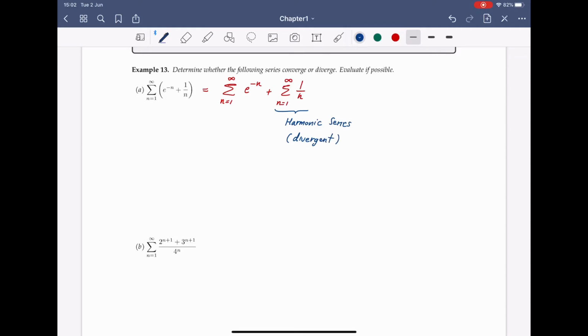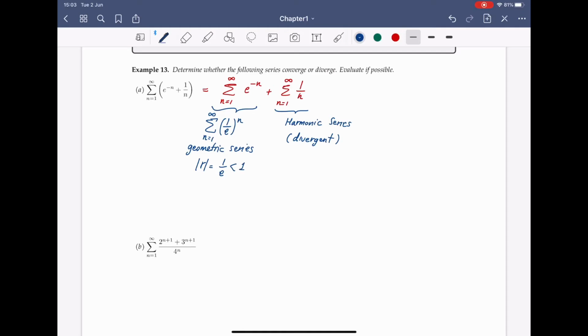So what is the summation of e to the negative n? If you simplify a little bit, this is equal to the summation of 1 over e to the n, n starting from 1 to infinity. This is a geometric series whose common ratio r is 1 over e, which is less than 1.